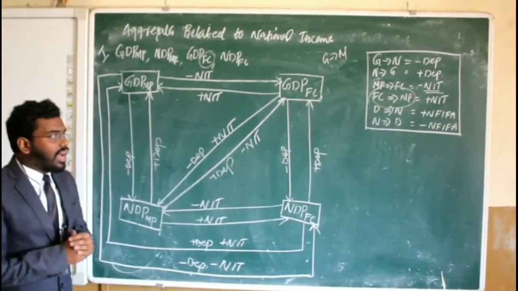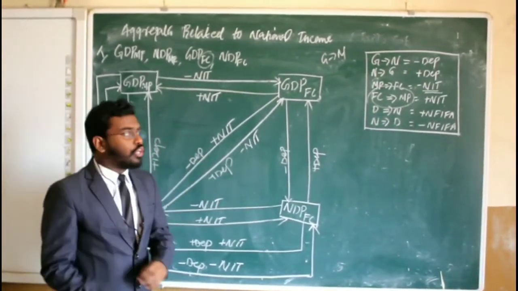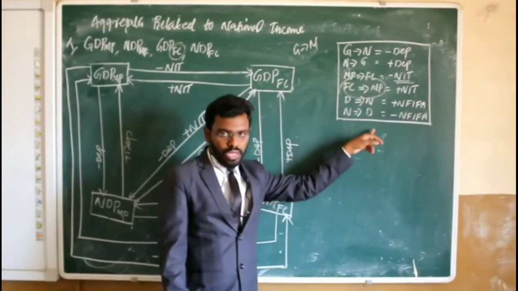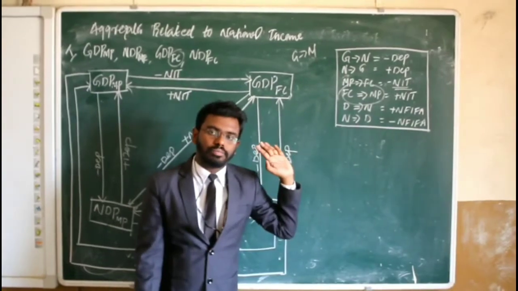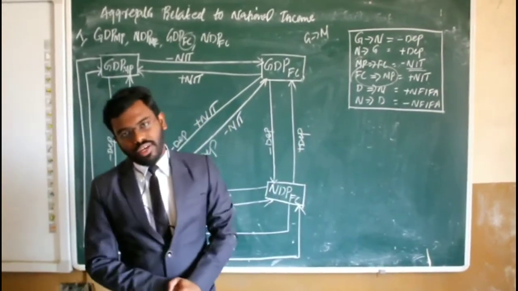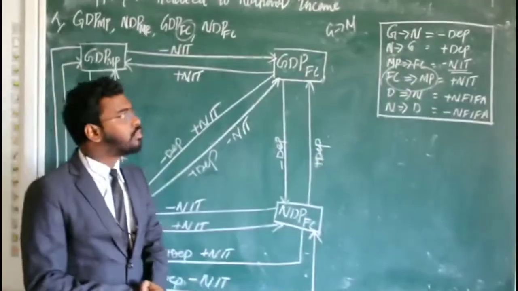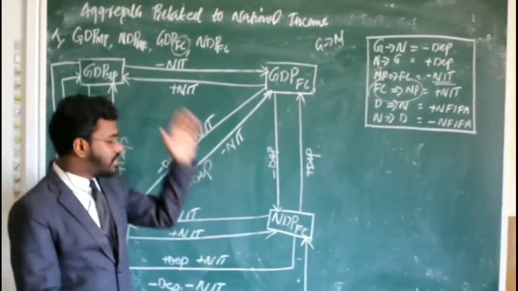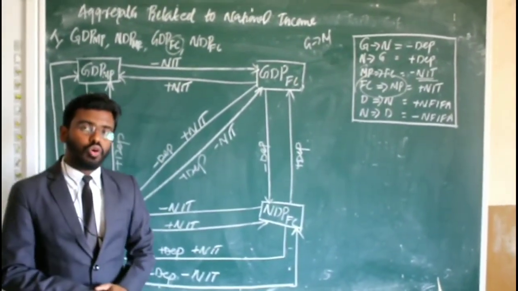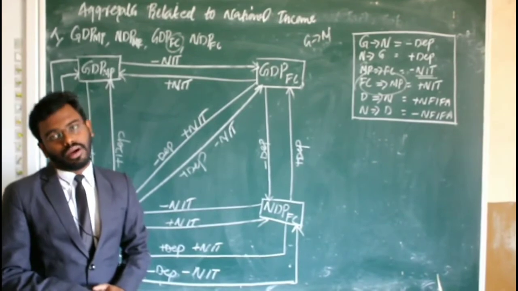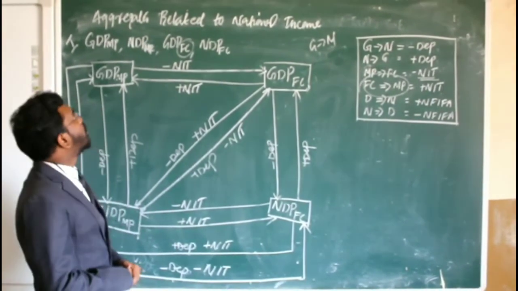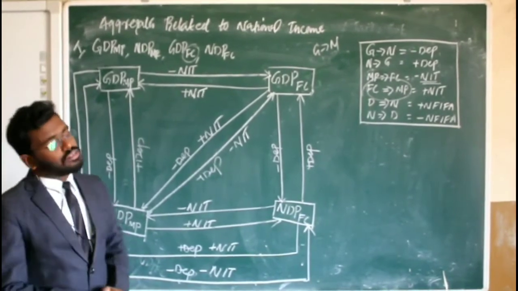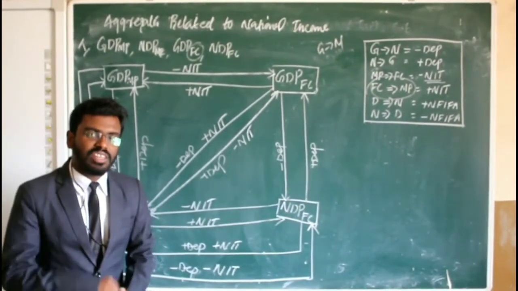Got it? And for converting these things, you have to remember these formulas. Just note down these formulas in your notebook. Today we wind up our session with this analysis, and tomorrow we come back with a new topic, that is aggregates related to national income, the national concept.